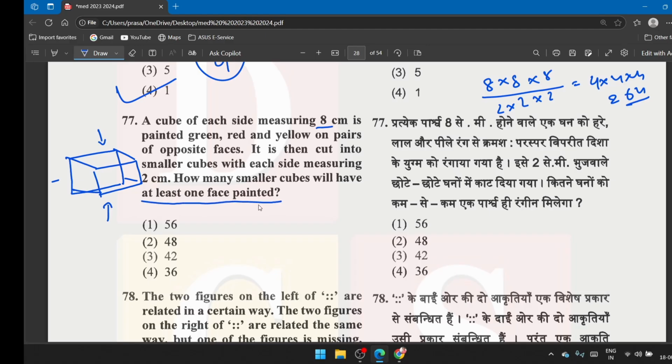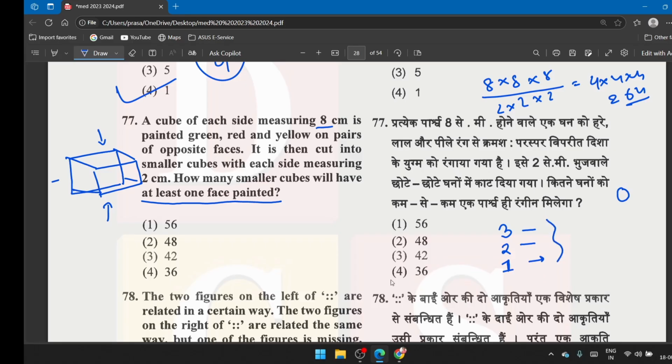This is a very important thing because at least one face, that means whatever cubes will have zero face painted, that will be minus from the total. मतलब कि जिनके 3 faces painted है वो भी at least 1 faces painted है, जिनके 2 faces painted है वो भी at least 1 faces painted है. The one which have at least 1 faces painted only, they are also included in that particular area, at least 1 faces painted.